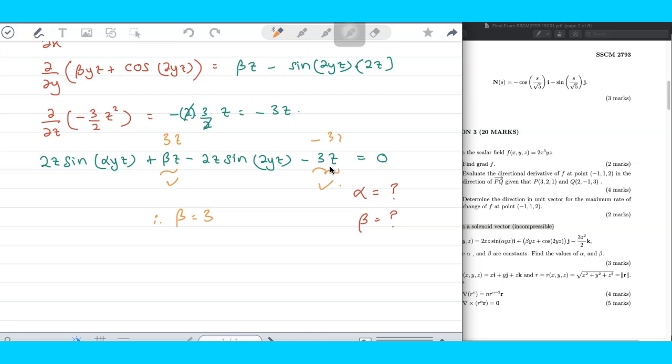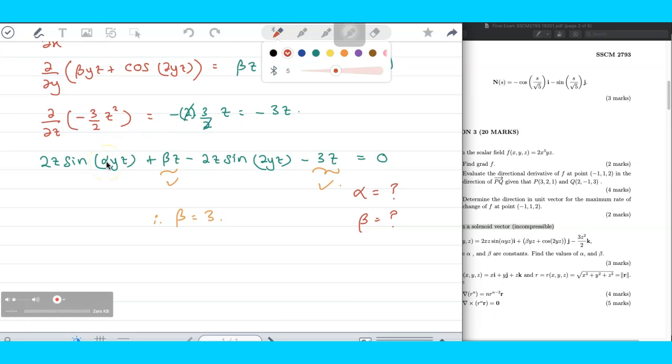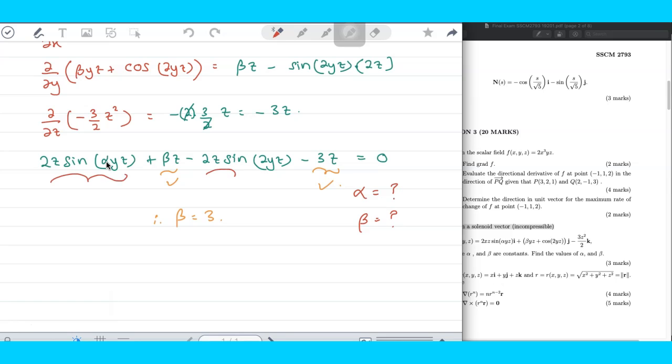That is the reason why we say that beta is 3. Similarly, now we look at 2z sine and 2z sine. Now you have a negative, which means we assume these two terms are the same.